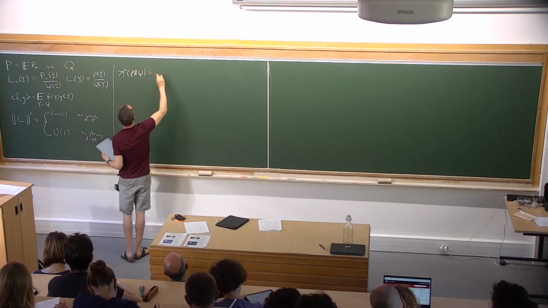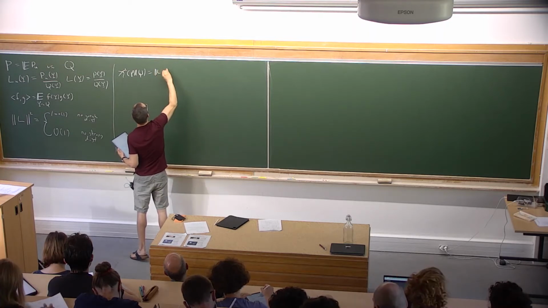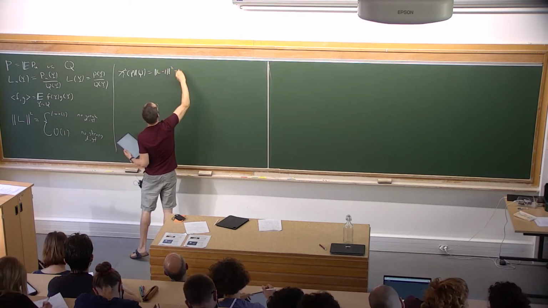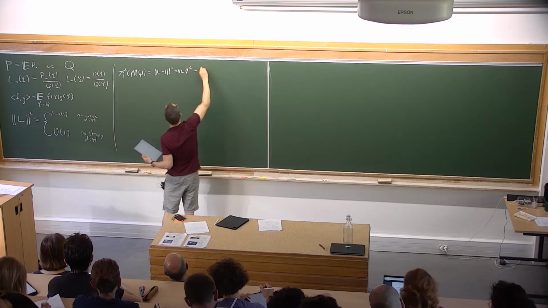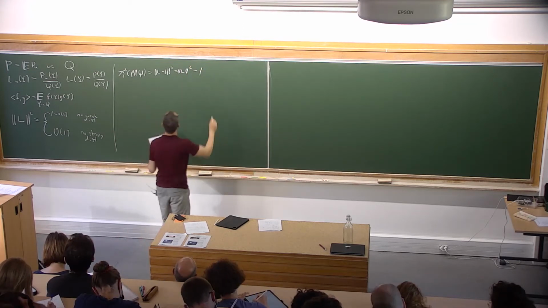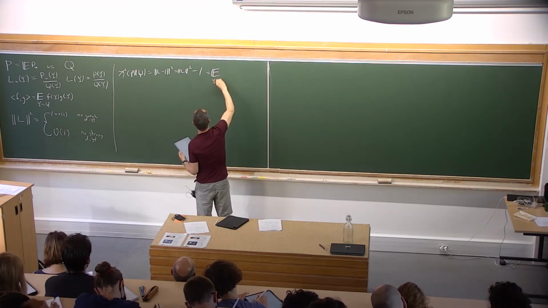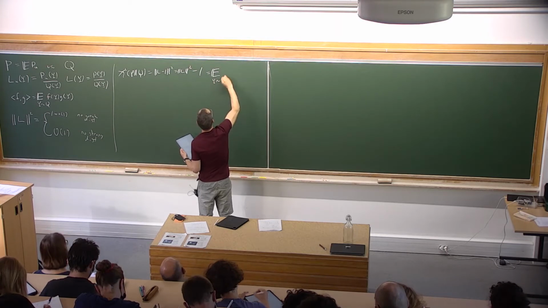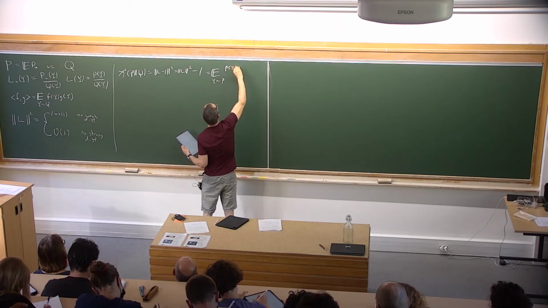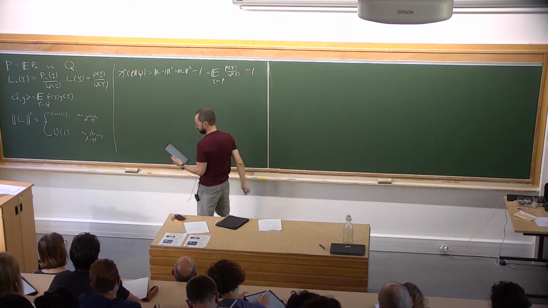One way to define it is the norm minus 1, or we can write it as the expectation over y from P of the ratio of P of y over Q of y, minus 1.